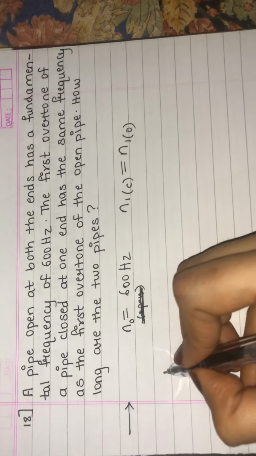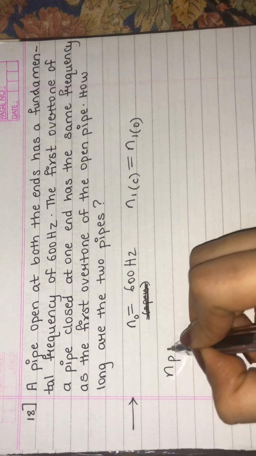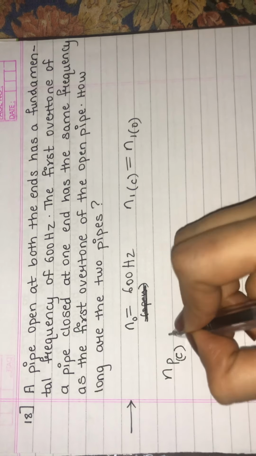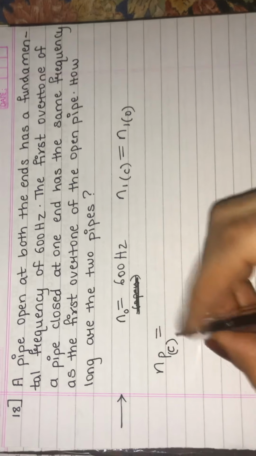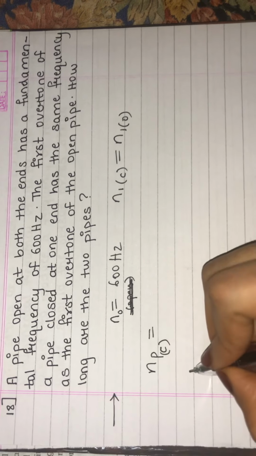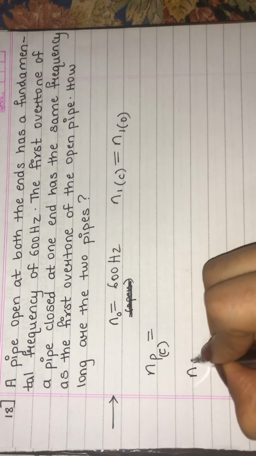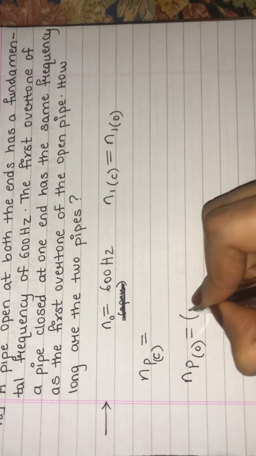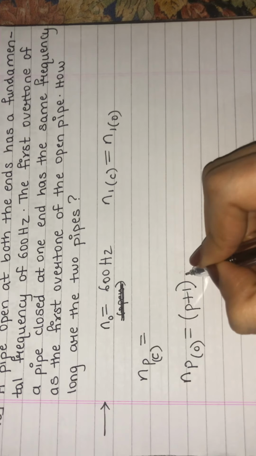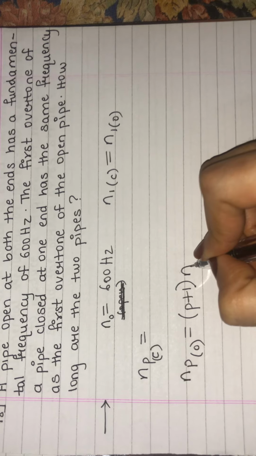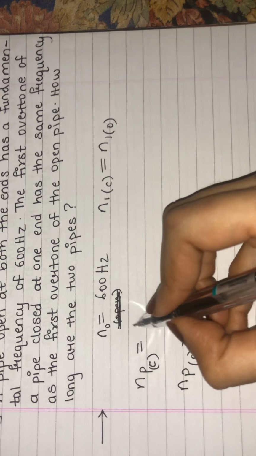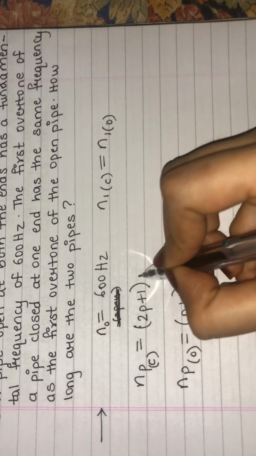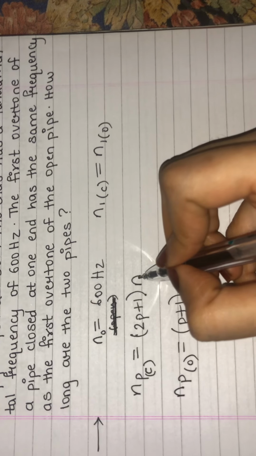For the closed pipe, the frequency of pth overtone formula is this, and for the open pipe, the frequency of pth overtone is p plus 1 into the fundamental frequency, and here it is 2p plus 1 into the fundamental frequency.